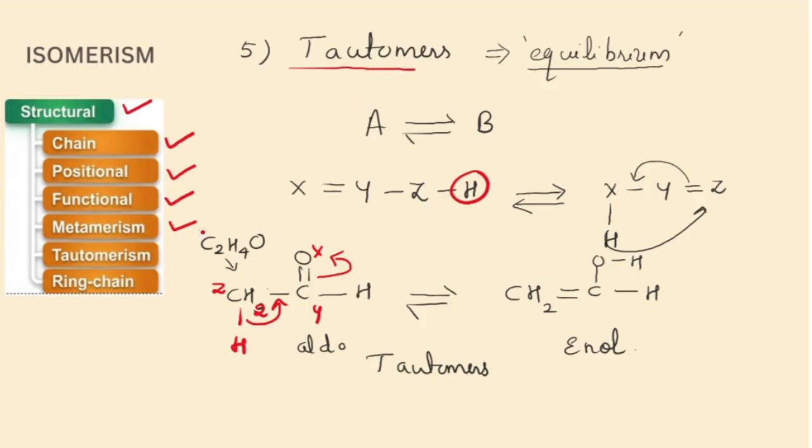Students, remember, none of the structural isomers are interconvertible except for the tautomers. Suppose you have a chain isomer like n-butane, if you want to convert it to isobutane, you have to do a series of reactions or at least one reaction. They won't happen on their own. But tautomers can interconvert on their own.